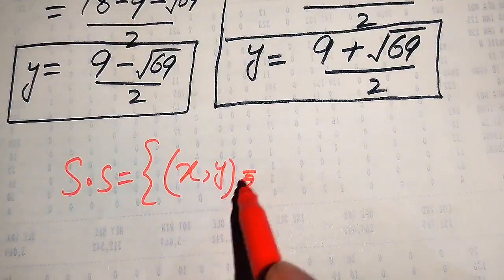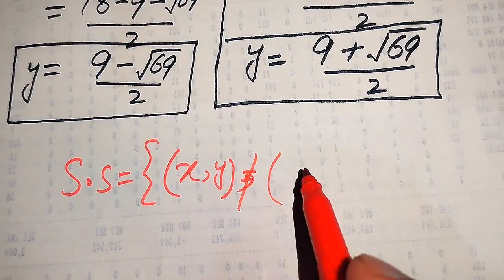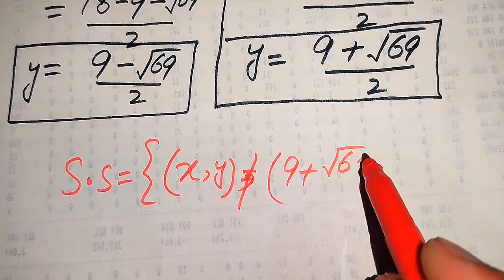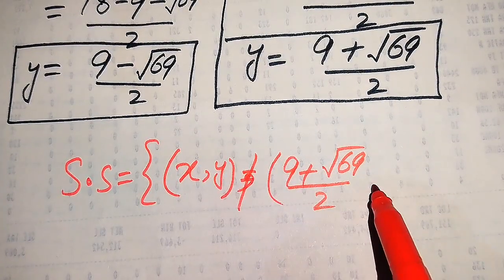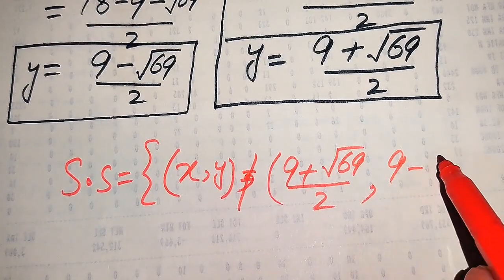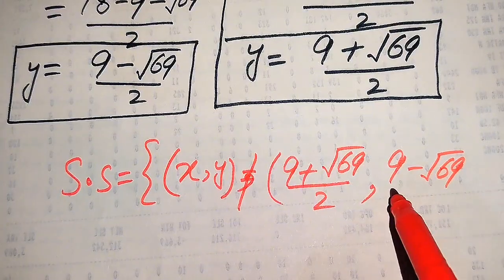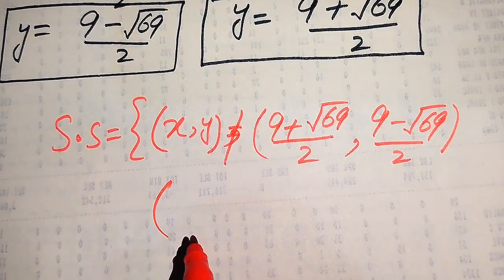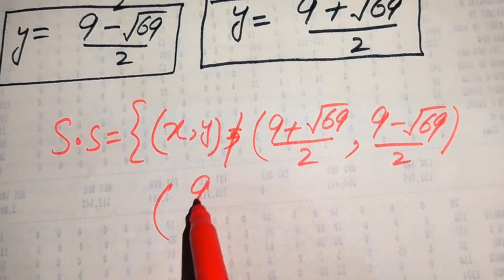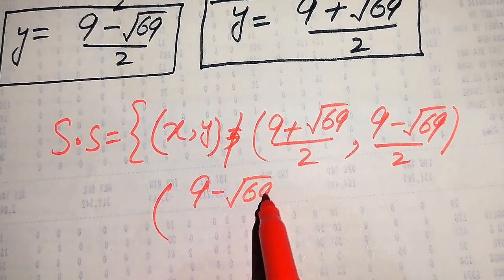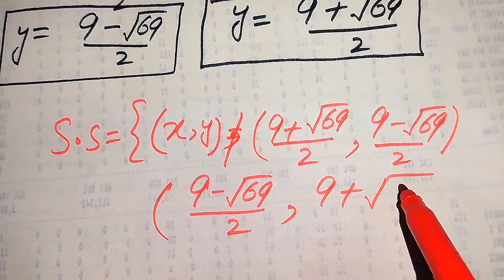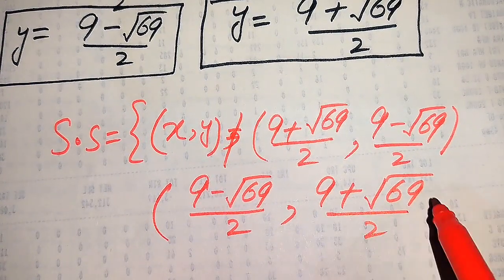Our first solution is that the value of x is 9 plus square root of 69 divided by 2, and the value of y is 9 minus square root of 69 divided by 2. So this is our first solution, and the second solution is 9 minus square root of 69 divided by 2 and 9 plus square root of 69 divided by 2.